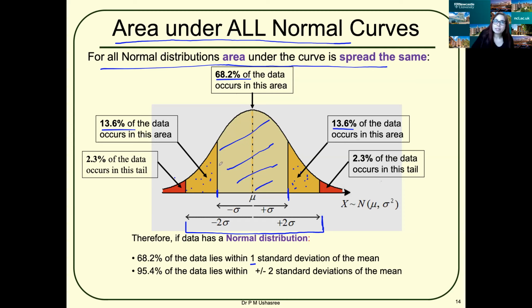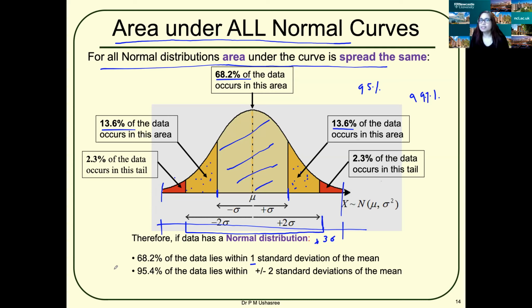So you have 68% within 1 standard deviation, 95% within 2 standard deviations, and within plus or minus 3 standard deviations, you have around 99% of data. It's almost 99.7 or 100% of data.